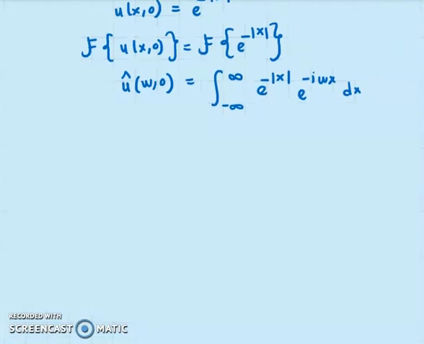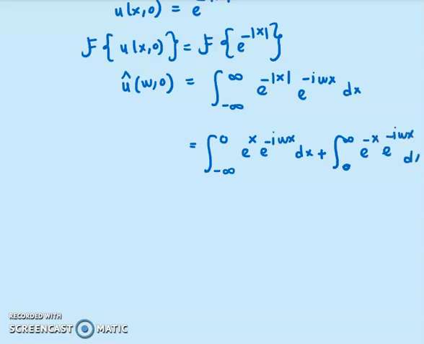So solving for this, I'm removing the modulus sign here. So I have from minus infinity to 0, e to the x, since negative of negative x gives me positive, times e to the negative i omega x dx, plus from 0 to infinity, the positive region, e to the negative x times e to the negative i omega x dx.